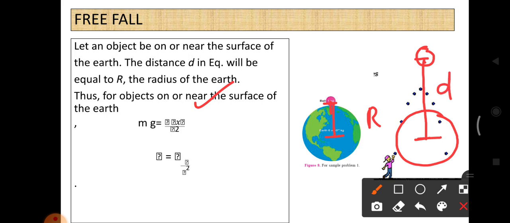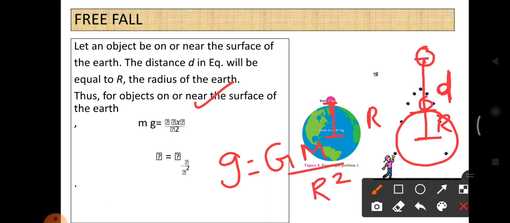When the object is placed near or on the surface of the earth, this d is equal to the radius of the earth. So in small letter g, we know that g equals capital G M by d squared.